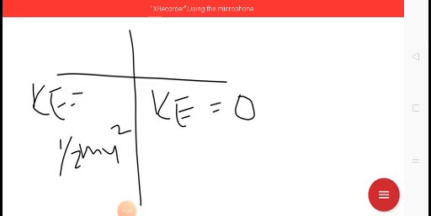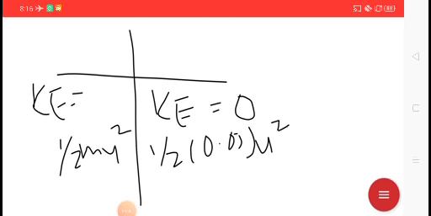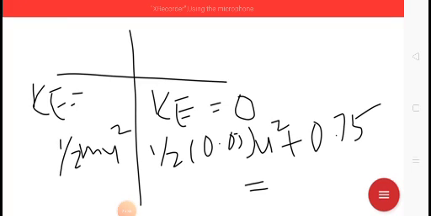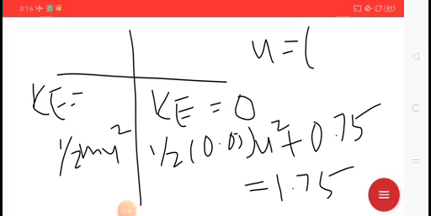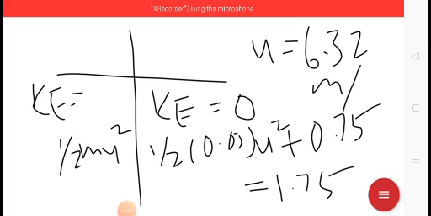So once you have these two, KE and PE, now you can form the equation: 1 over 2 m u square plus mgh, is equal to the right hand side. The right hand side only has mgh, 1.75, so you can simplify your equation in order to find the u. Your u should be equal to 6.32 meter per second. Okay, so this is your initial speed of the ball.